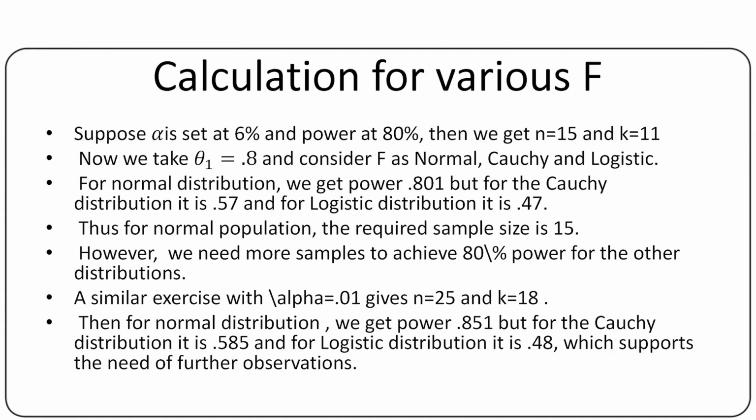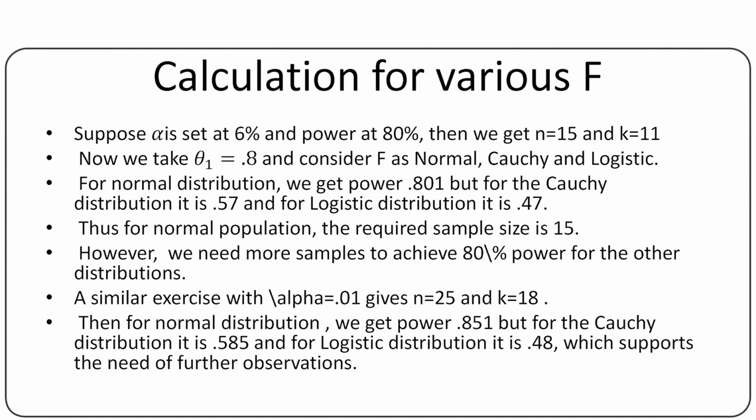For normal distribution, we get power as 0.801. But for the Cauchy distribution, we get 0.57 and for logistic distribution, we get 0.47 as the power. Thus, for normal population, the required sample size is 15. However, we need more samples to achieve 80% power for the other distributions.